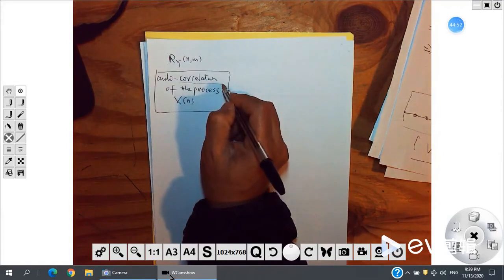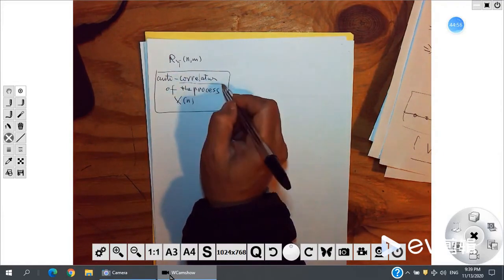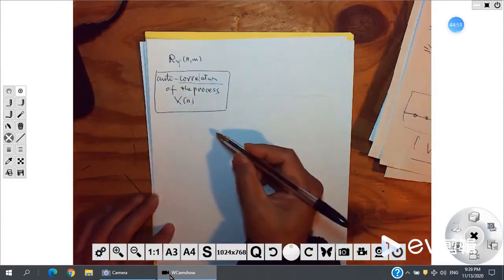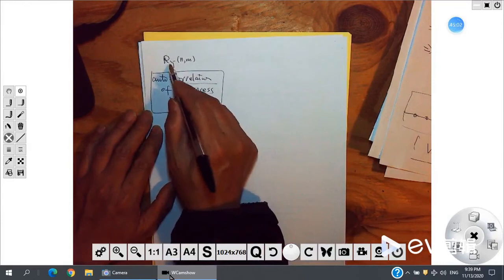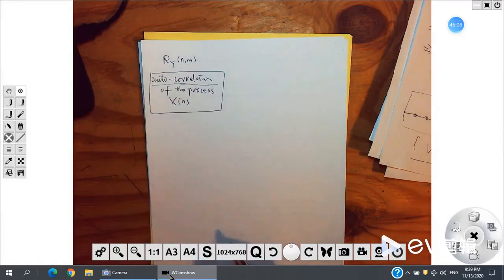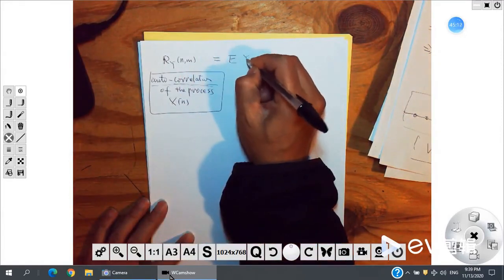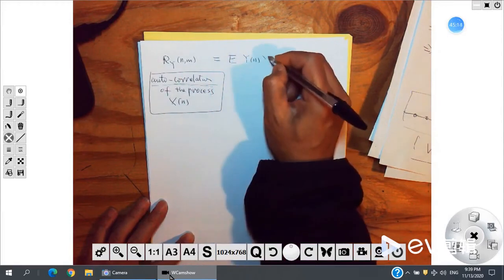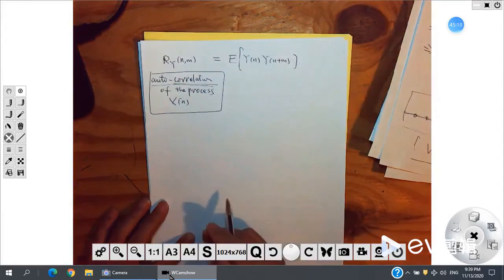Now, when you have two random variables, you have correlation. For the random process, the stochastic process, we call this autocorrelation. We add an auto in front of it. This one will be E of y of n times y of n plus m. Right, it's this one.